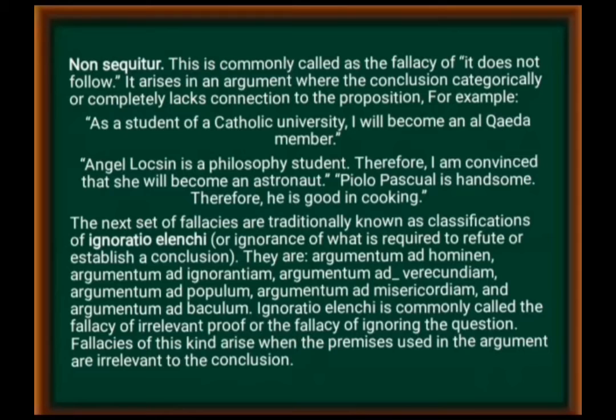Ignoratio elenchi is commonly called the fallacy of irrelevant proof or the fallacy of ignoring the question. Fallacies of this kind arise when the premises used in the argument are irrelevant to the conclusion.